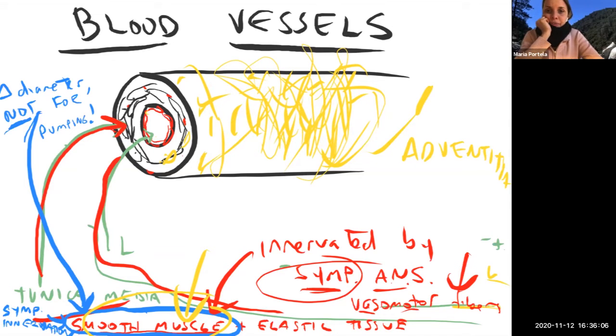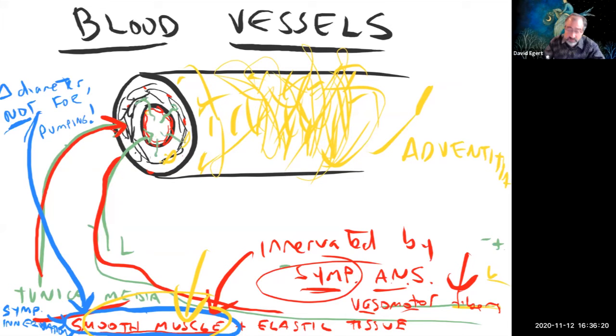Diffusion from the blood. So if it's a small enough vessel, a lot of your vessels are really dinky, they actually can get by with just diffusion from the very blood that is within the vessel itself. It could just be diffusion, like gas is just diffused.